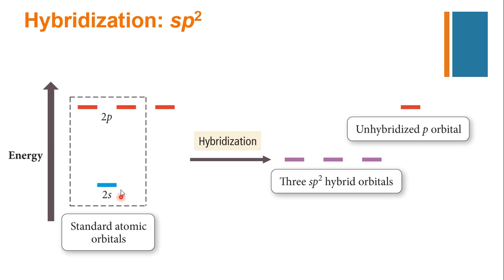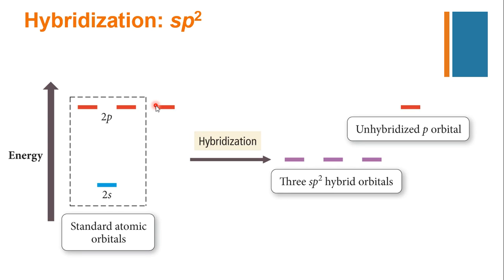So we would put 2s, 2p, 2p. So 3 orbitals in, I get 3 hybrid orbitals out. And that leaves one of our p's to be a standard or an unhybridized p. This is important for multiple bonds, which we'll see in just a minute.